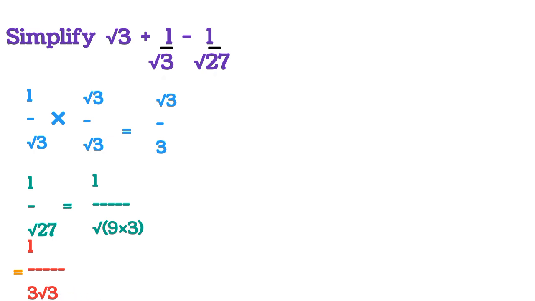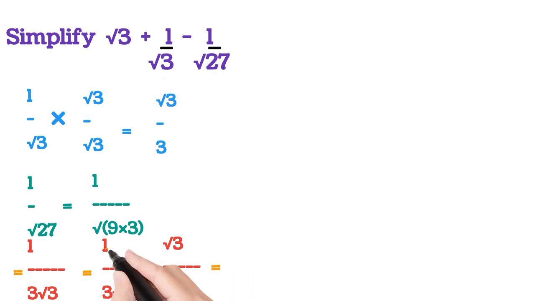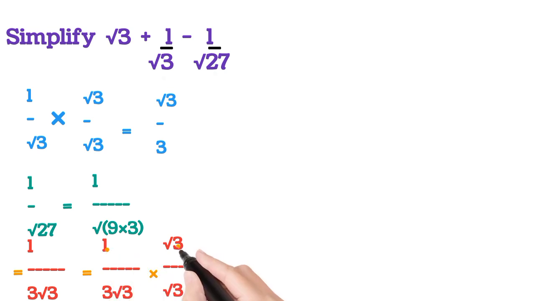It is this 1 over 3 square root of 3 that we will rationalize by multiplying it by the square root of 3, numerator and denominator. That means 1 over 3 square root of 3 multiplied by square root of 3 over square root of 3. 1 times square root of 3 is square root of 3. 3 times square root of 3 times square root of 3 is 3, and 3 times 3 is 9.